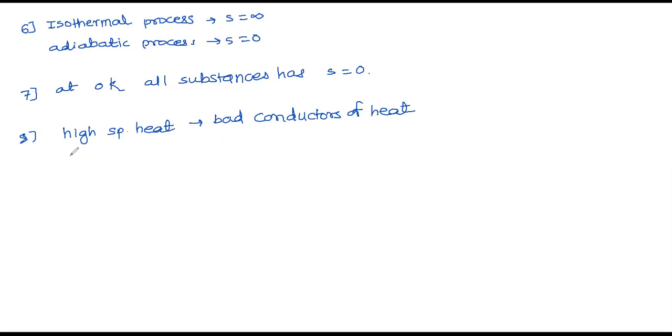Next one, low specific heat, good conductors of heat. याद रखो, good conductors of heat. जिसका specific heat कम है, they will be the best conductors. So therefore, high specific heat, bad conductors of heat, and warms up slowly. है ना, वाटर कैसे गर्म होता है, slowly.